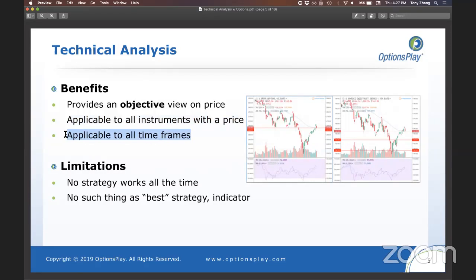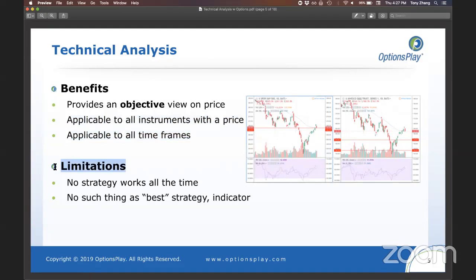For those of you that are long-term investors, you might be looking at longer term charts, maybe 1 week charts or 1 month charts. You can apply technical analysis to every single time frame you can chart. And that's the beauty of it, that it's really adaptable to not only what type of trading you're interested in, but also how frequently you trade. That cannot be said for any other form of analysis.